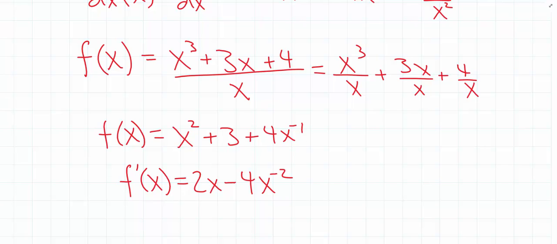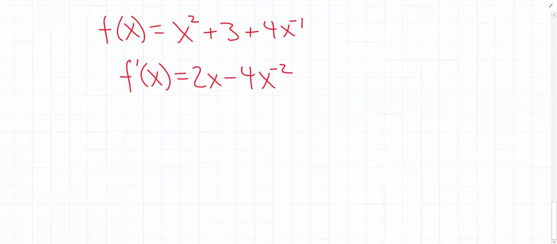Yeah, I already ran it through there. Okay, does everybody see that? So this is what we try to do. We try to get it in a position where we can use the power rule.